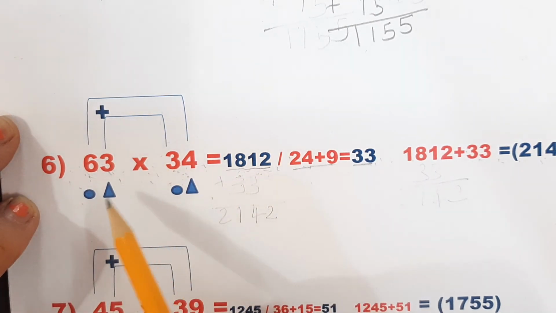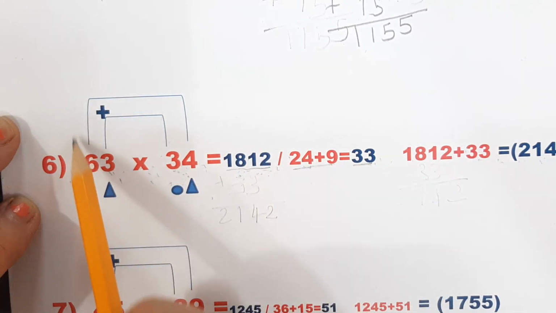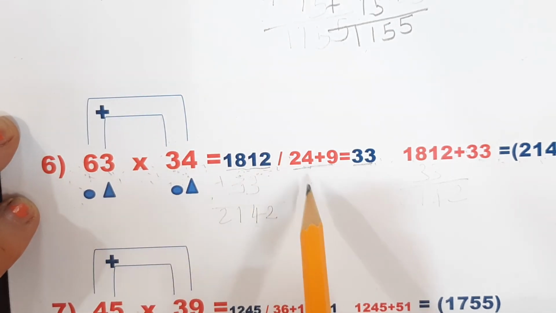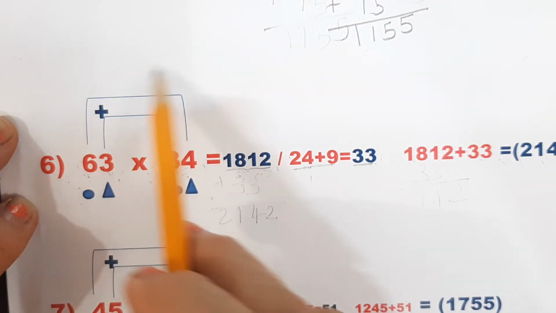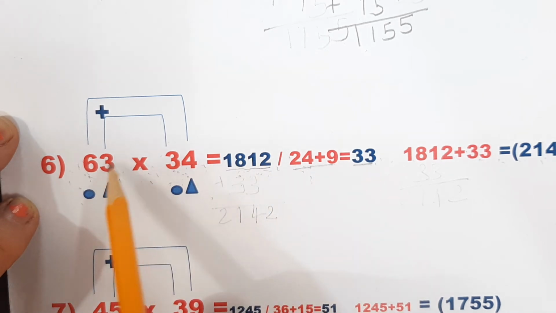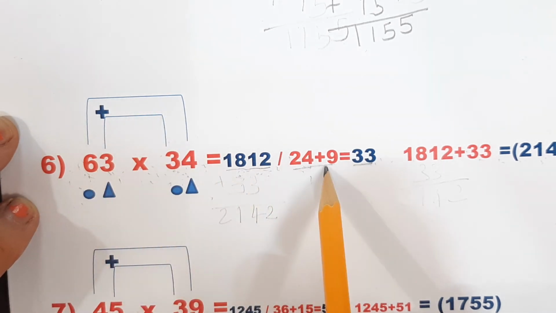Now we will go to the bridge system. 6 multiplied by 4 is 24, and 3 multiplied by 3 is 9.